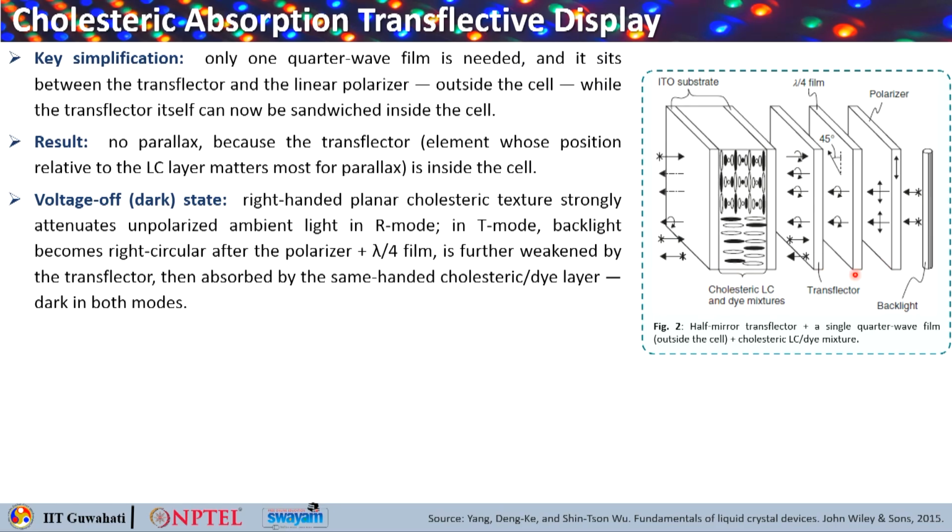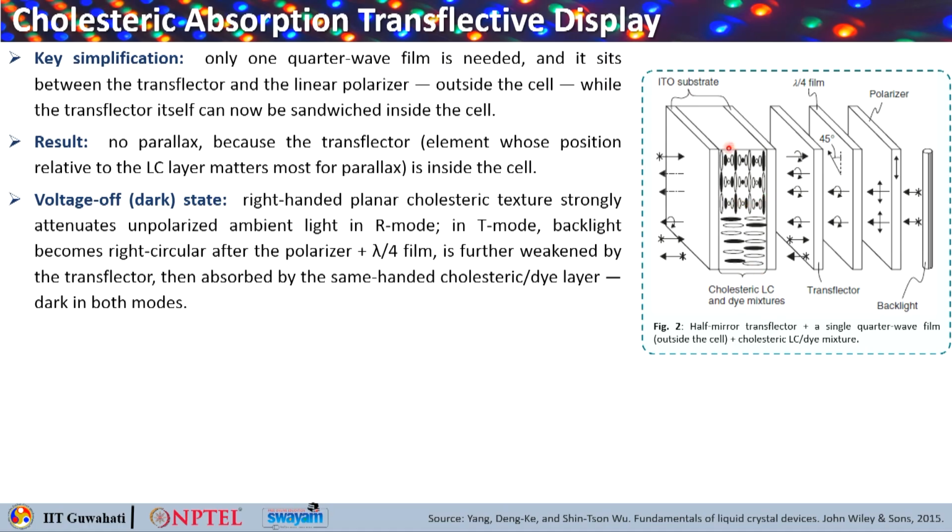In the transmission mode, the backlight becomes right-handed circularly polarized after the polarizer and the quarter wave film. This is attenuated further by the transreflector, and this weak right-handed light is then strongly absorbed by the same-handedness cholesteric dye layer.